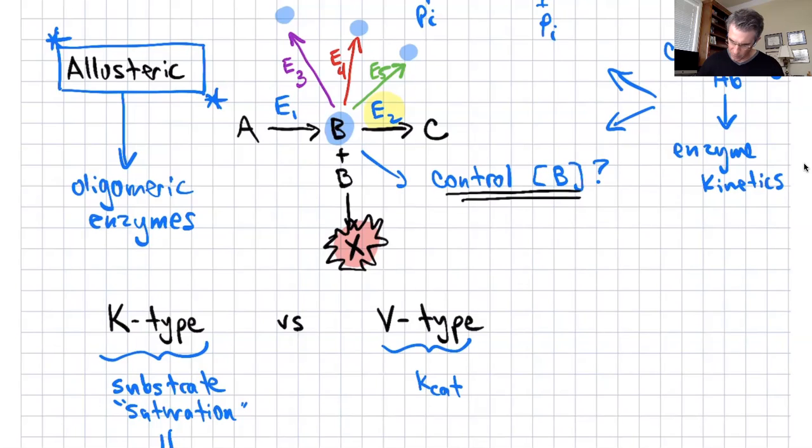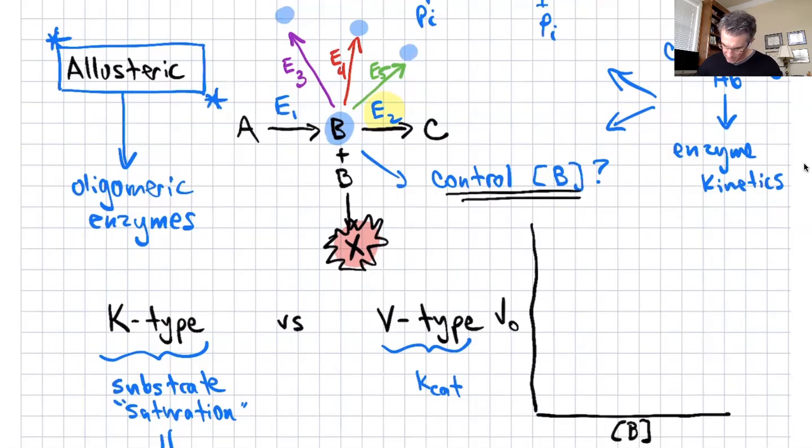So we make E2 respond to the concentration of B as a positive homotypic response, right? This enzyme is now going to do something more like this, right?